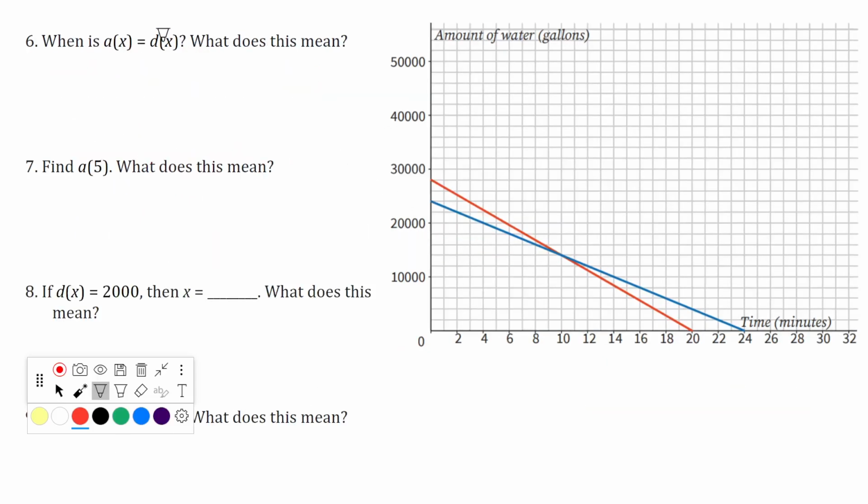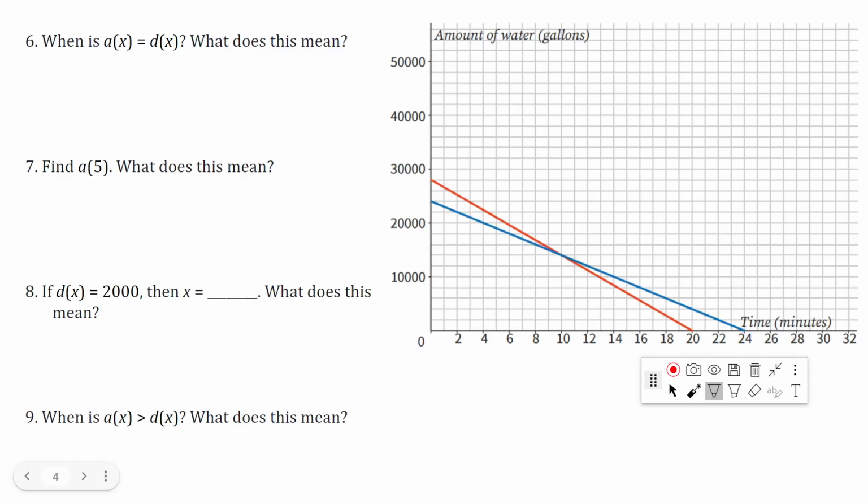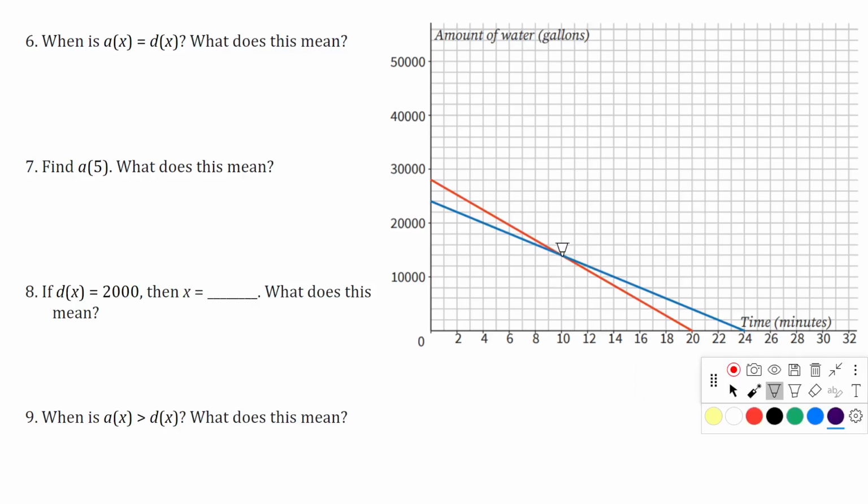So what does it mean when A of x equals D of x? I pointed out on the previous slide that they were the same at 10 minutes. They have the same amount of water in their pools. So this means, well, first, when is A of x equal to D of x?